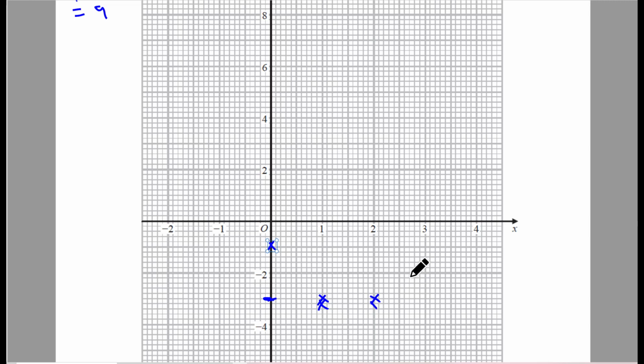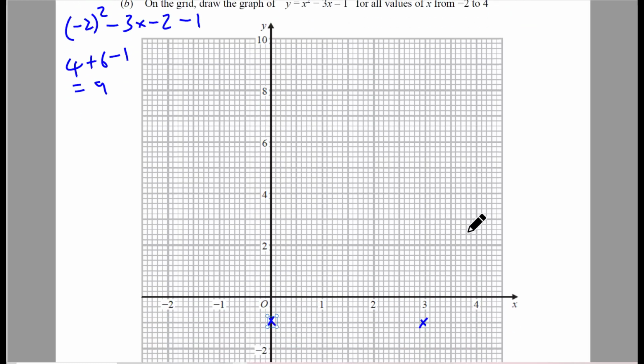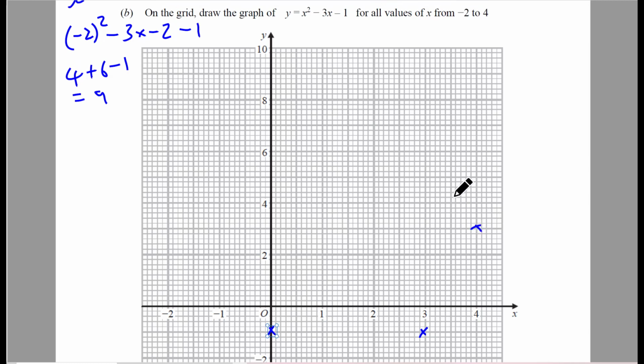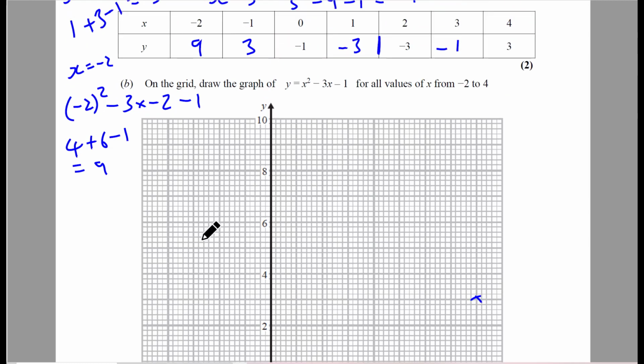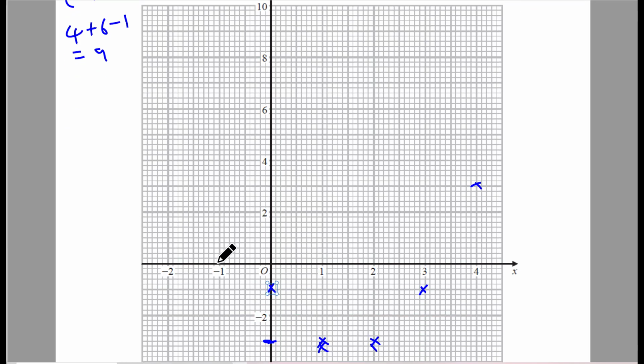Do be careful. 3 was minus 1 and 4 was 3. Minus 1 is 3 and minus 2 was 9.